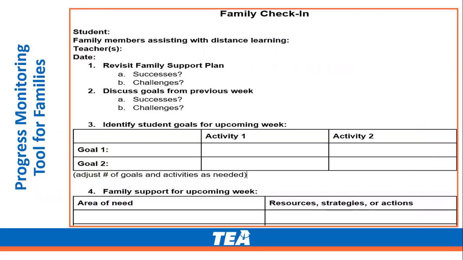Next, here's an example of a parent or family progress monitoring tool. This can be found on the TEA website. The family check-in form from TEA can be a great tool to gather progress monitoring information. But again, your school or LEA may already have their own.